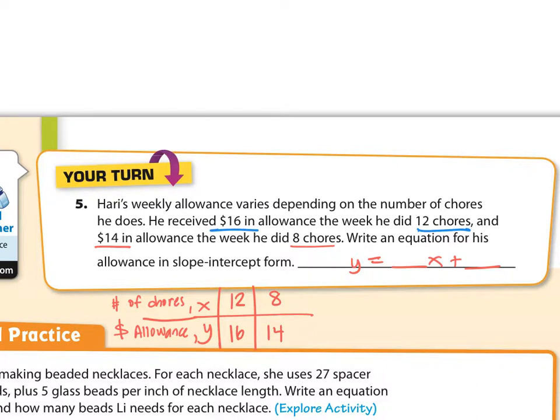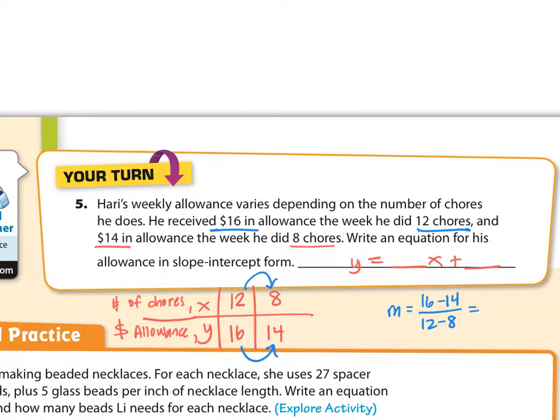Okay, so let's do our slope. You look at the change in y going from 16 to 14. So for m, I do 16 minus 14, which is 2, right? And then 12 minus 8. I could do it backwards: 14 minus 16 and then 8 minus 12.